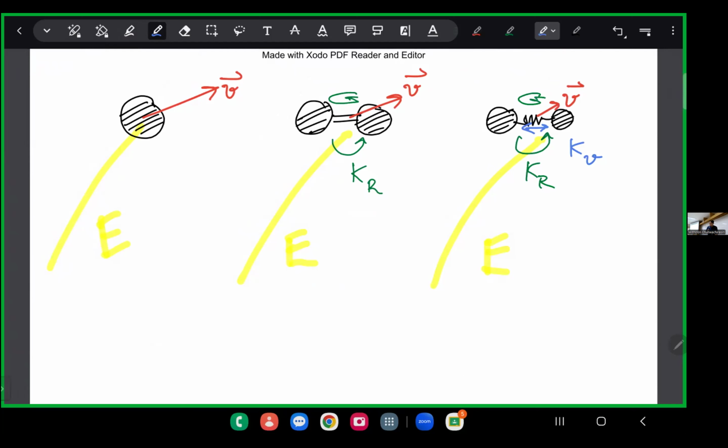Okay, got an idea? So I'm just doing a comparison between these three scenarios. A simple structure, a diatomic but with the rigid structure, and the third one with a little bit of flexibility. My question is this: which one should move the quickest? The leftmost, the middle one, or the rightmost?